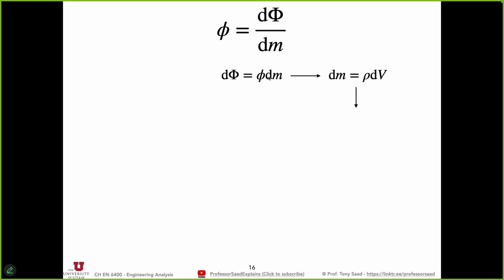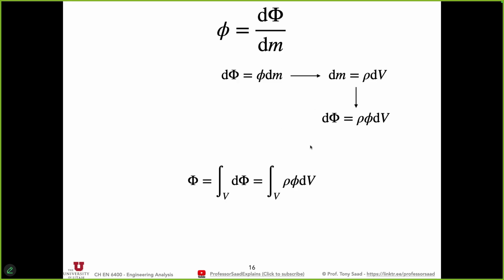Now we substitute back here. So we take this and put it back here. Then d capital phi, a small change in the extensive property, is equal to rho times the intensive property times the small volume, dv.